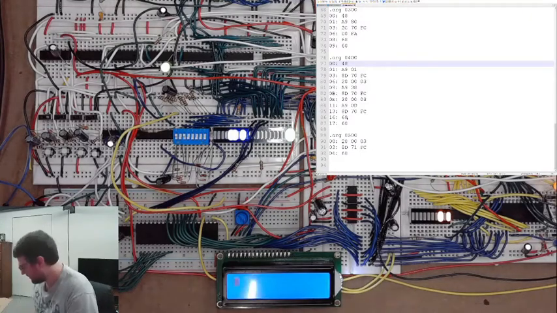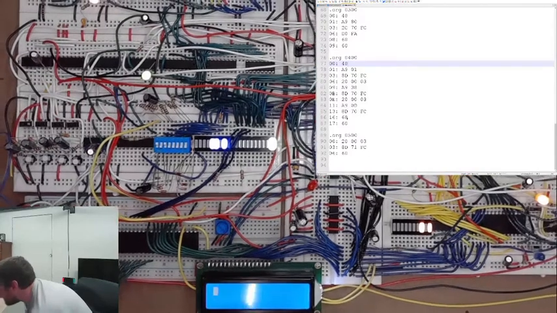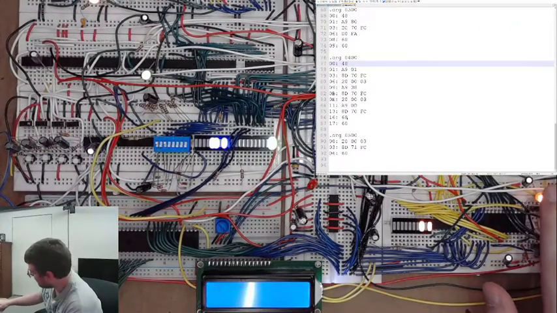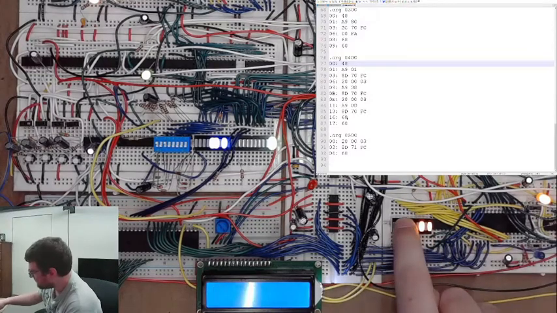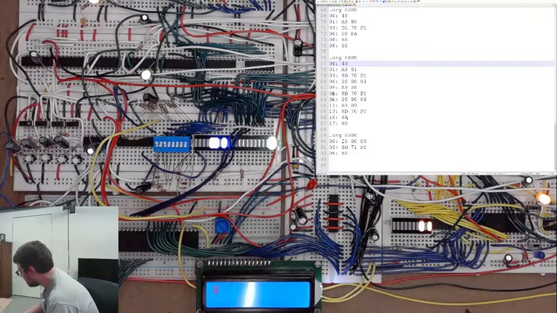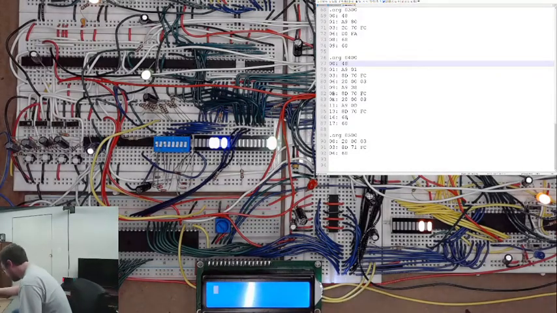Can you even see that? Not quite. Try to move this a bit. This means that it's accessing RAM. This is not a RAM address. This is a ROM address. So the fact that it's accessing it that way means that something got messed up.